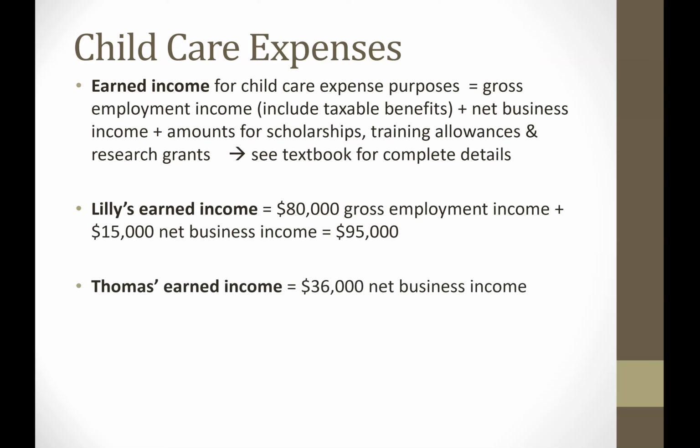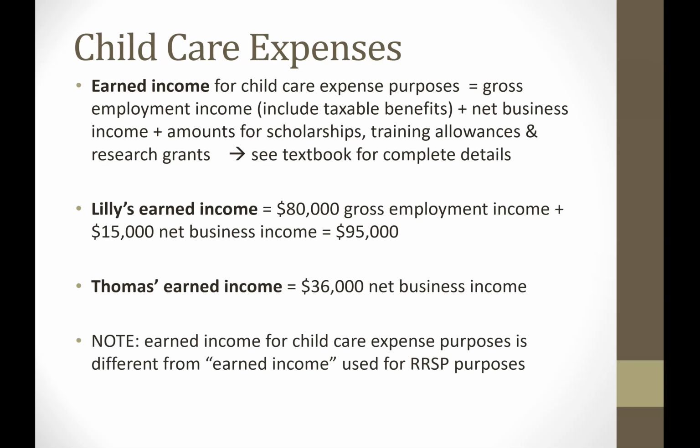Well, Thomas's earned income is his net business income of $36,000. So now we have the earned income calculations. Now, note that this earned income definition and calculation is different from earned income used for RRSP purposes. So just keep that in mind.